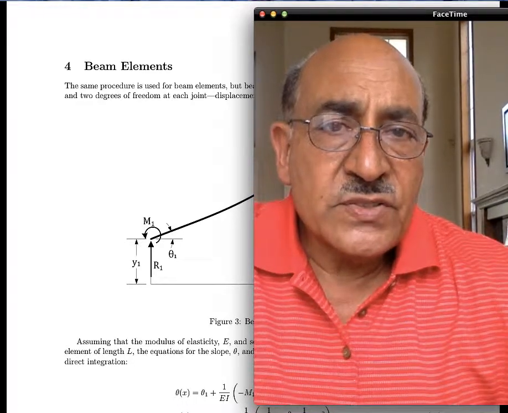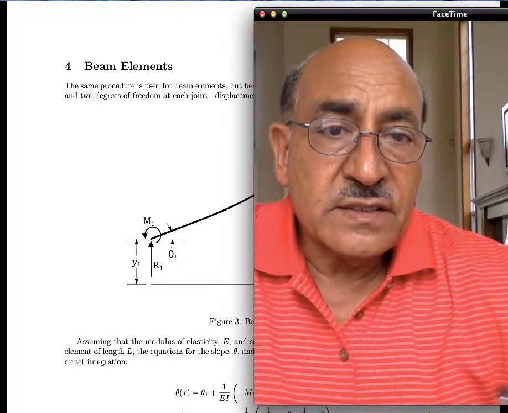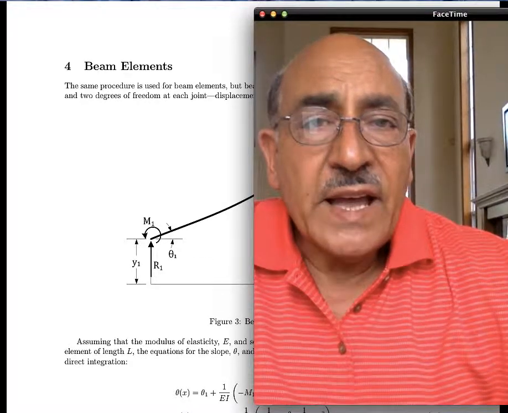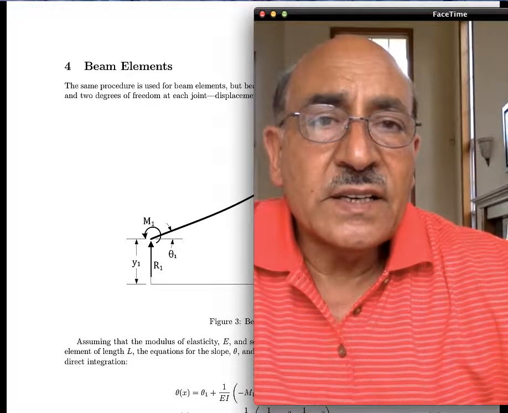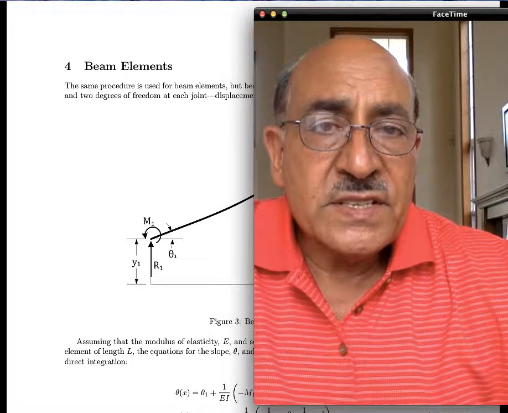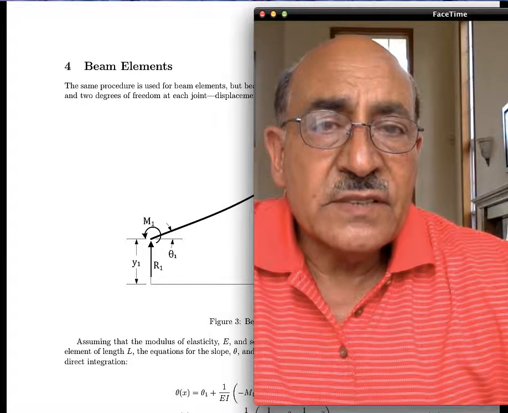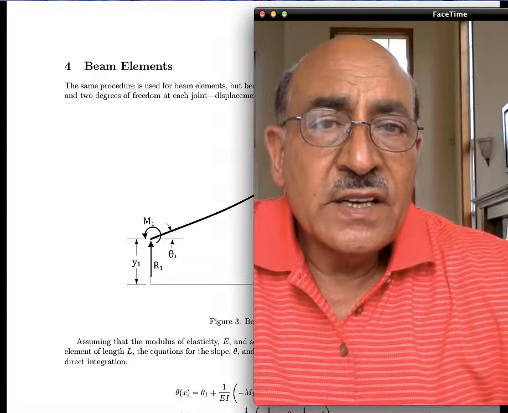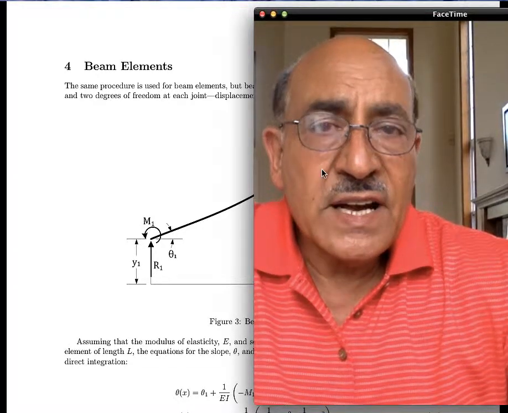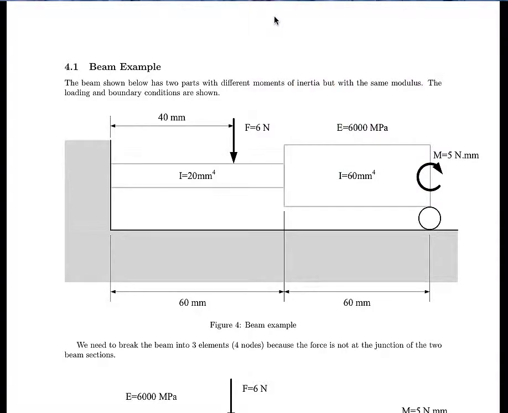Therefore, the solution is analytical. We can write it very simply, and then we can create a stiffness matrix for the element from the solution that we have, and then we can assemble it. So let's see how this works in practice here.